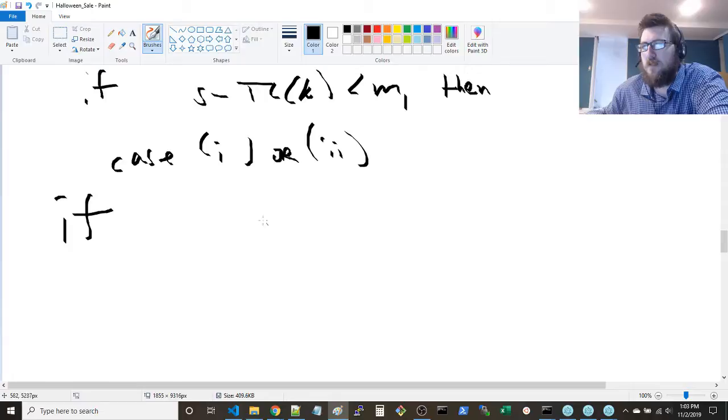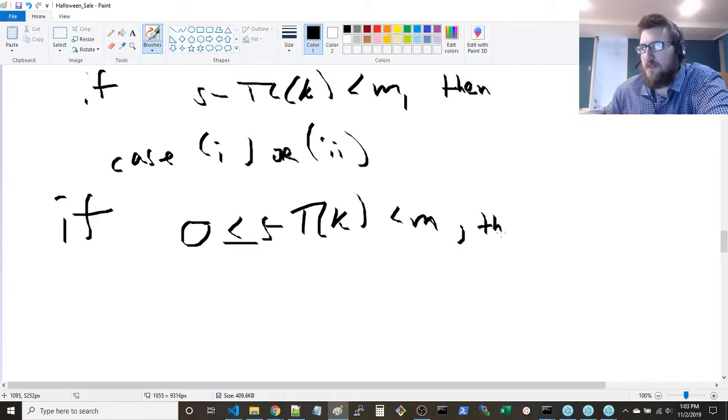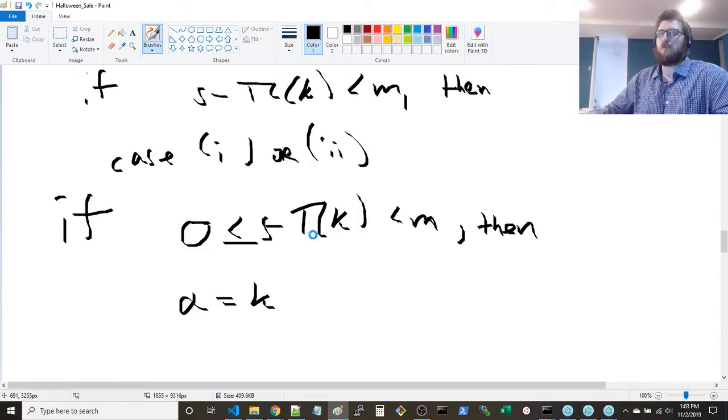If s minus t of k is less than m, but greater than or equal to 0, then alpha equals k. Right?